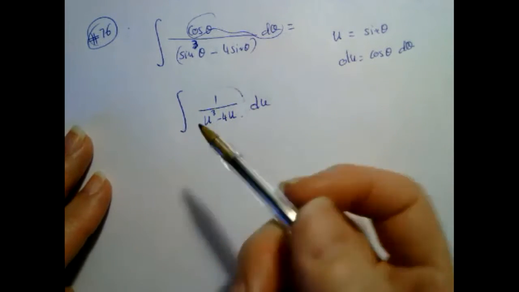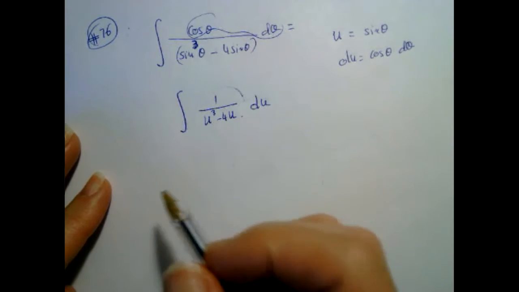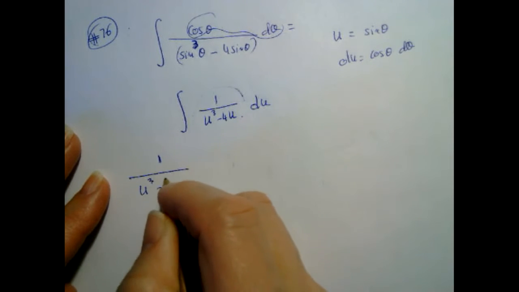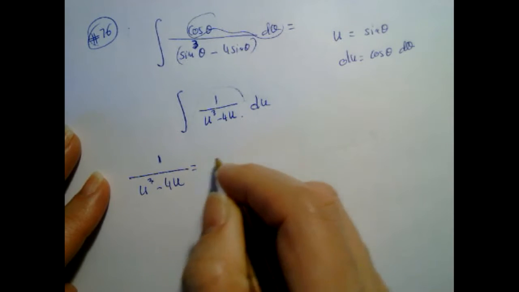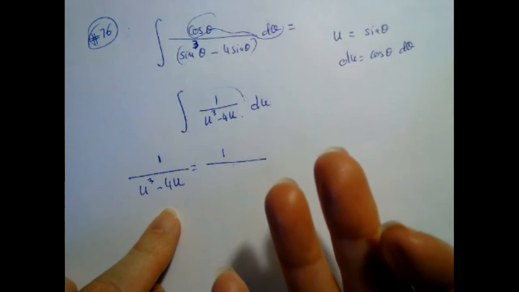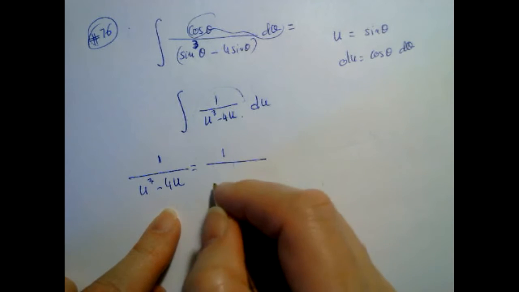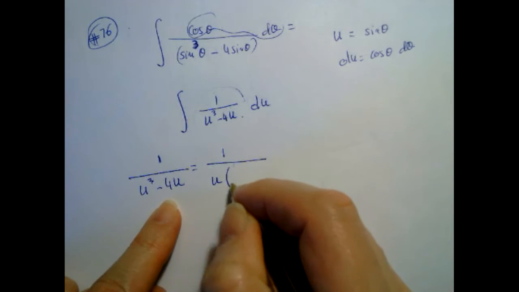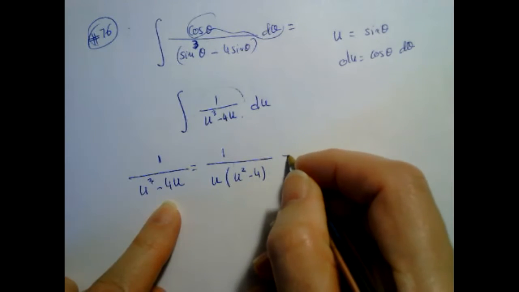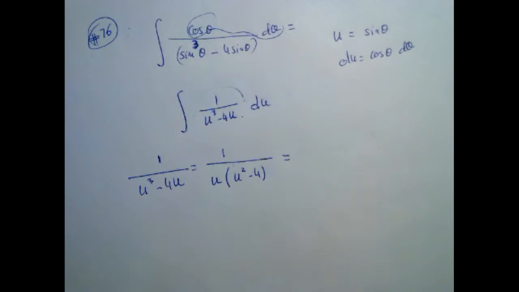There is no substitution here because there is a 1 in the numerator. So we're going to do that. The first step in partial fraction decomposition is to factor the denominator completely. Here I can factor out my u, leaving me with that. Equal. Am I done?